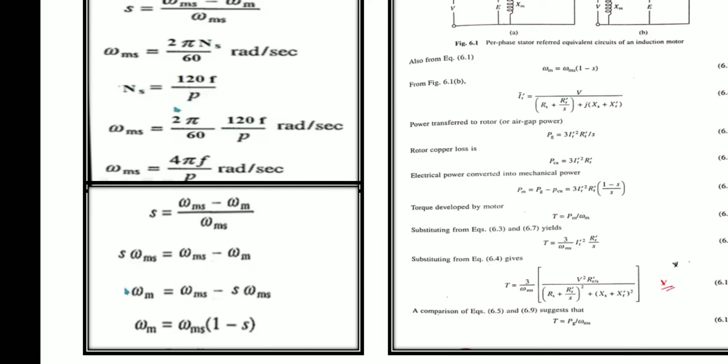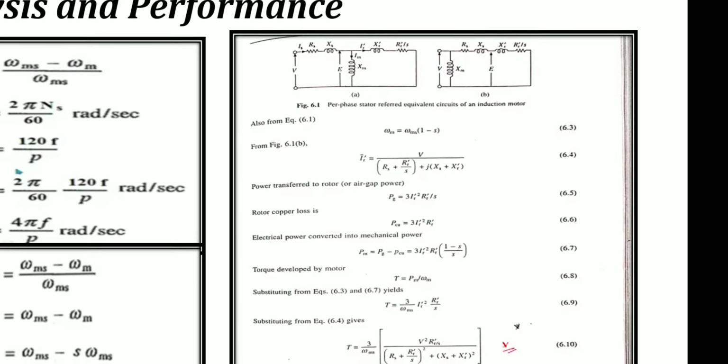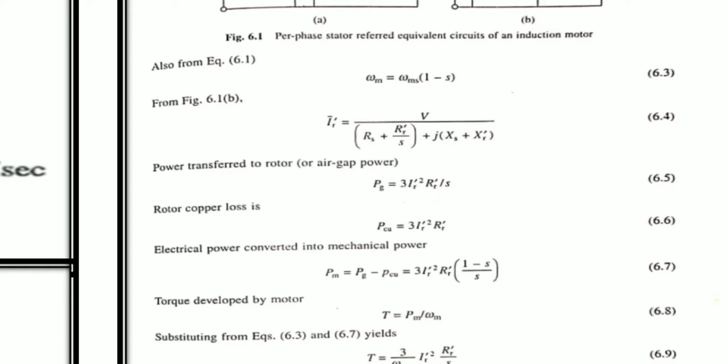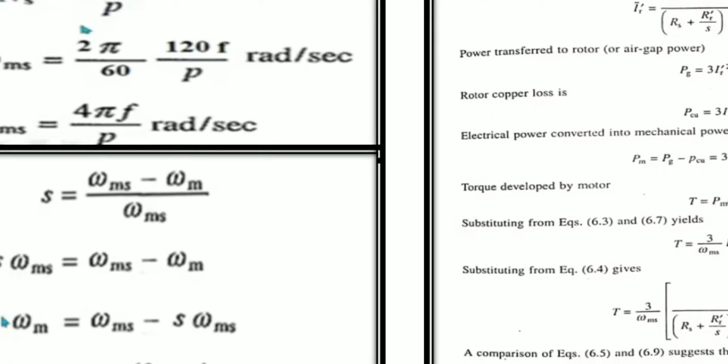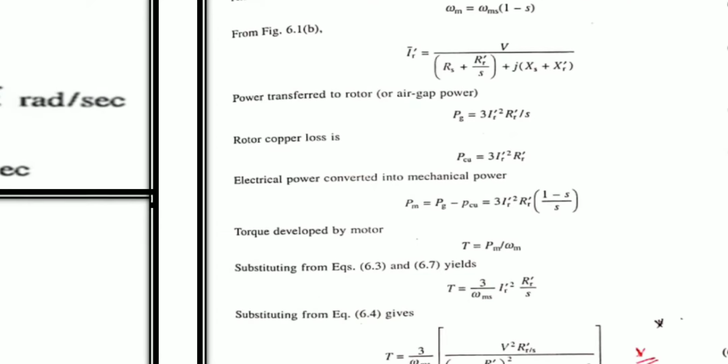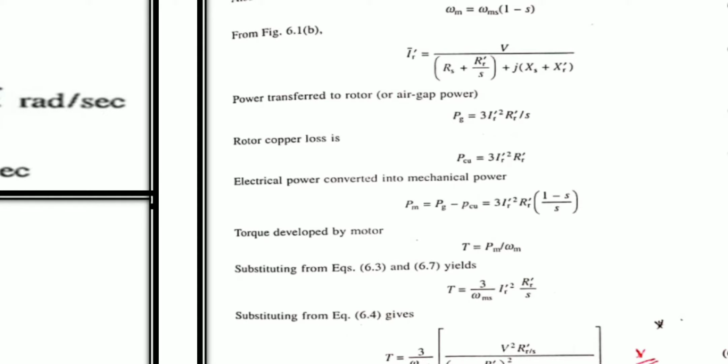I hope you got how we got this equation. But in the textbook, they have directly taken it as omega m is equal to omega ms into the bracket of 1 minus s itself. So this is the explanation of how we got it, what I have written here. Now we have it as omega ms into the bracket of 1 minus s itself.